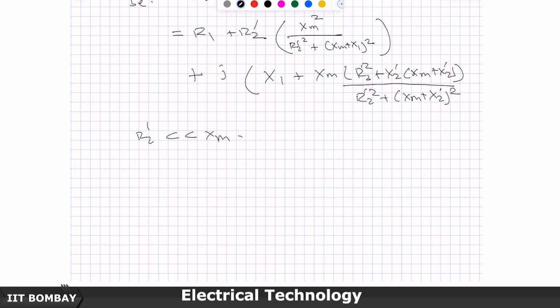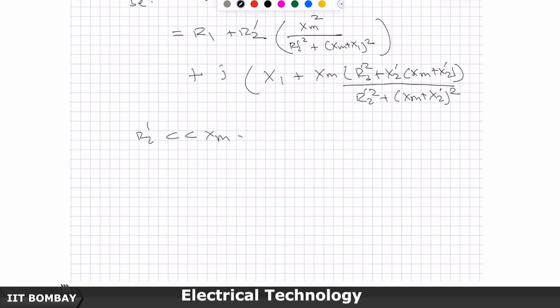So, what we will do is ignore this here, and in this numerator also we will ignore this, and here we will ignore this. Why are we ignoring it? Because this number is much larger than this number. Similarly, here also this number is still going to be much larger than the R2 dash number.